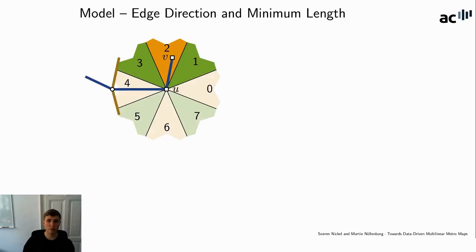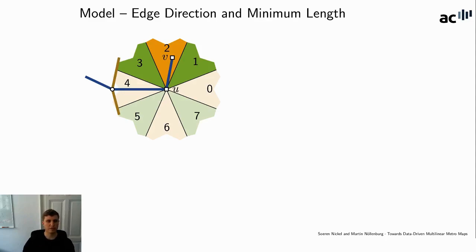Next, I want to go through one constraint and how we initiate it and how it contributes to the objective function, specifically for the property of the selection of edge direction and minimum length. So here, in this scenario, we are given this edge uv, and we have identified a natural direction, which is the vertical direction.